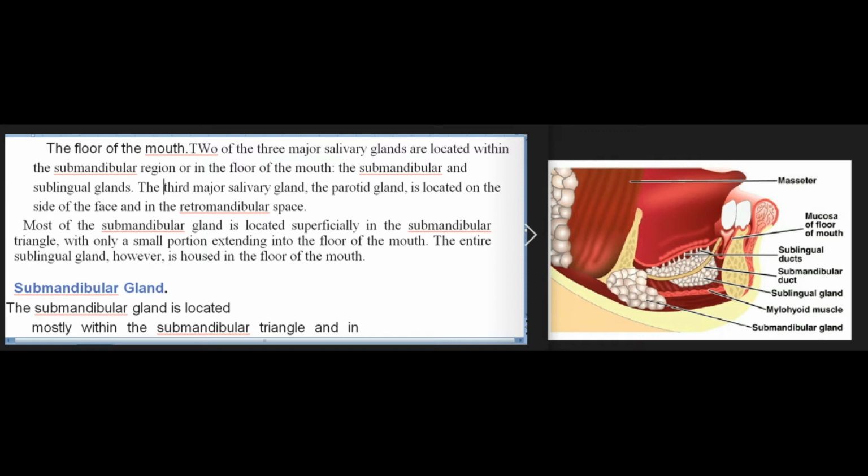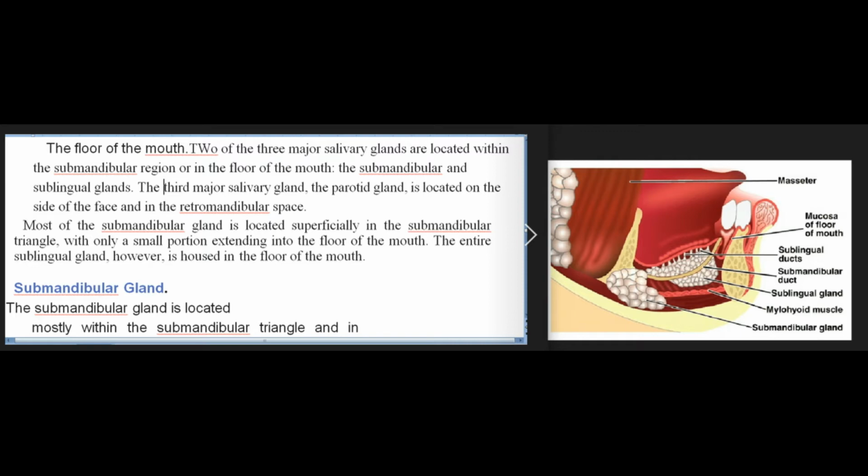The third major salivary gland, the parotid gland, is located on the side of the face and in the retromandibular space. Most of the submandibular gland is located superficially in the submandibular triangle, with only a small portion extending into the floor of the mouth. The entire sublingual gland, however, is housed in the floor of the mouth.